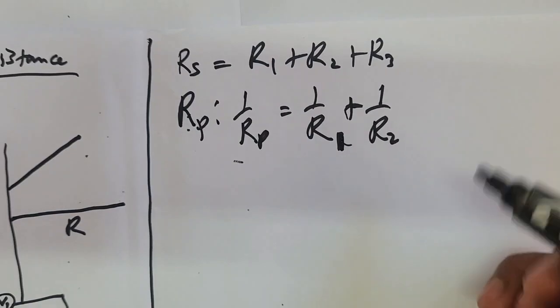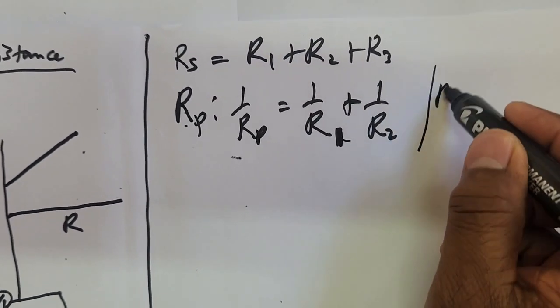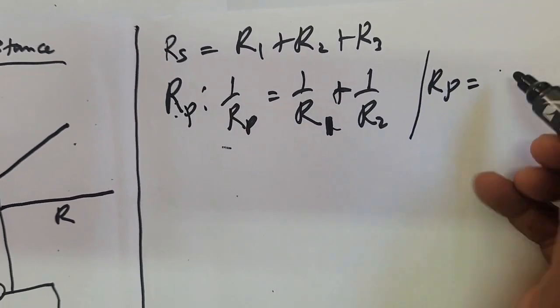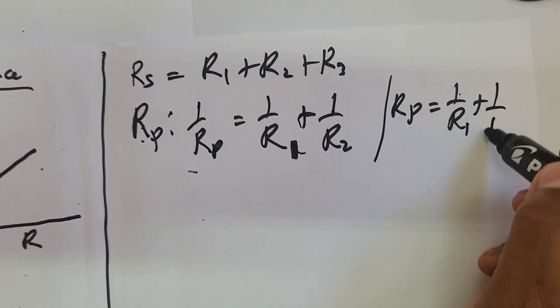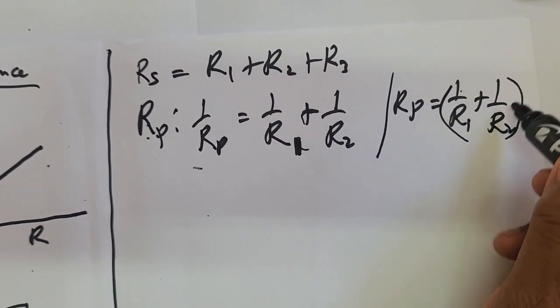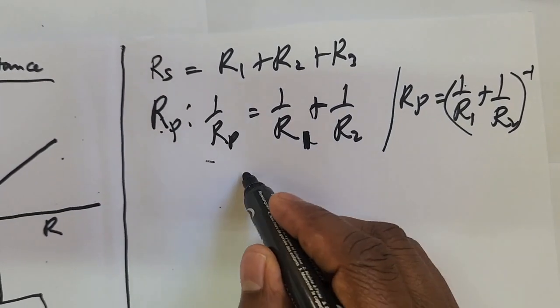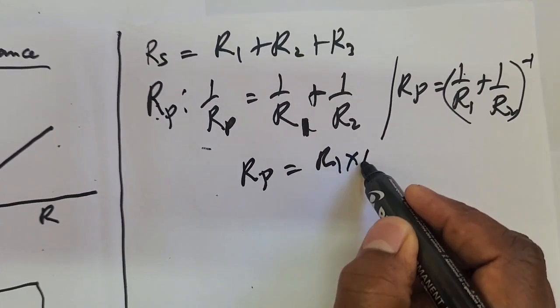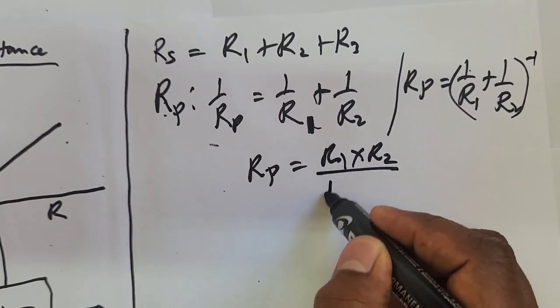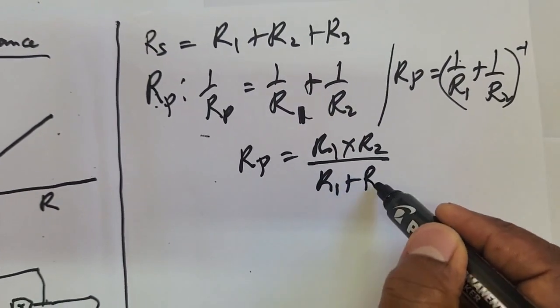Or a learner can say R parallel equals 1 over R1 plus 1 over R2, all to exponent minus 1. Or R parallel equals product over sum: R1 multiplied by R2 divided by R1 plus R2.